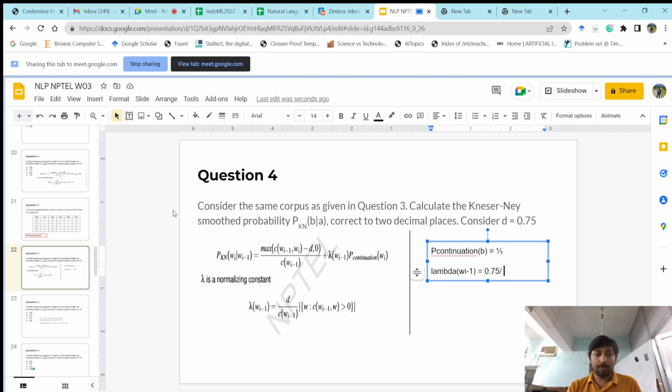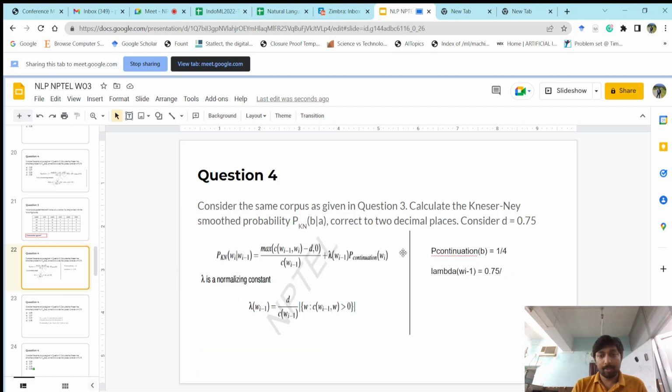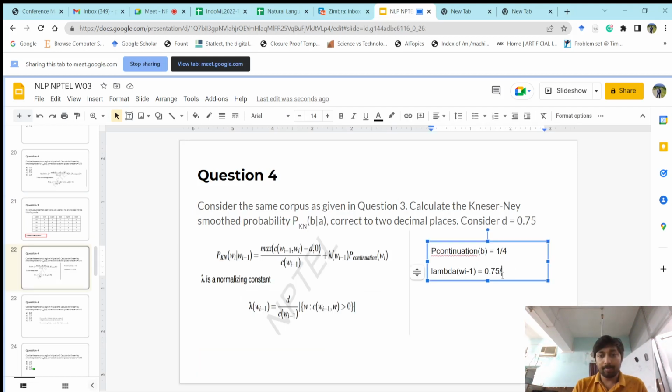So we have three bigrams here, AB, AC, and one is the CA part, which also appeared but is not given. But what will be lambda?